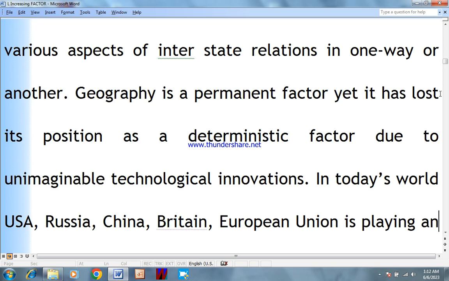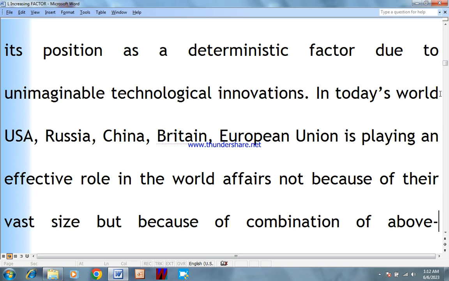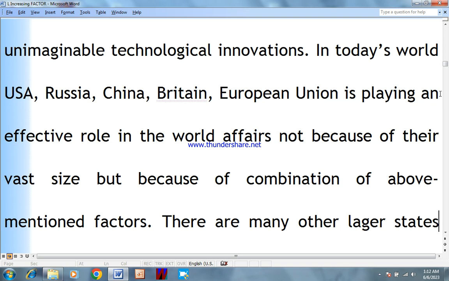Geography is a permanent factor, yet it has lost its position as a deterministic factor due to unimaginable technological innovations. In today's world, the United States of America, Russia, China, Britain, and the European Union are playing an effective role in world affairs not because of their vast size, but because of a combination of the above mentioned factors.